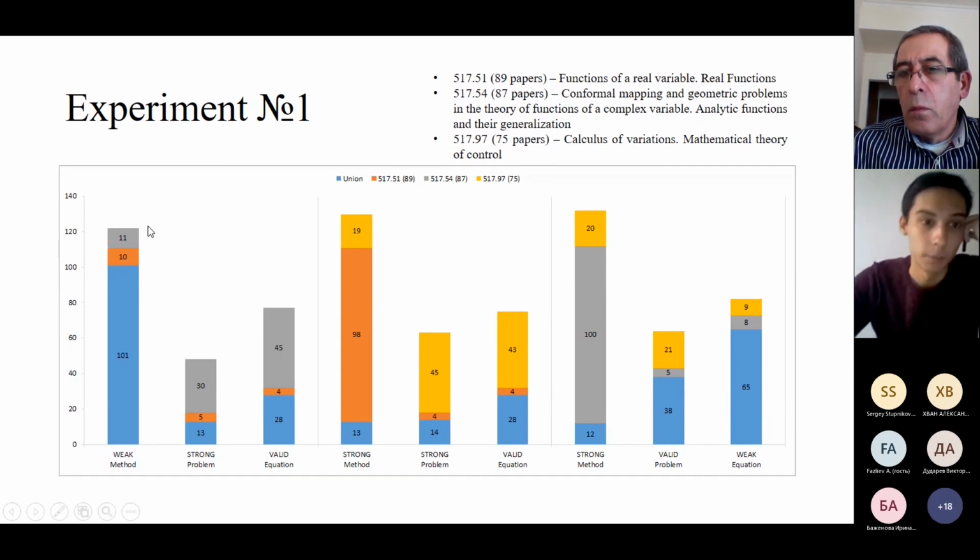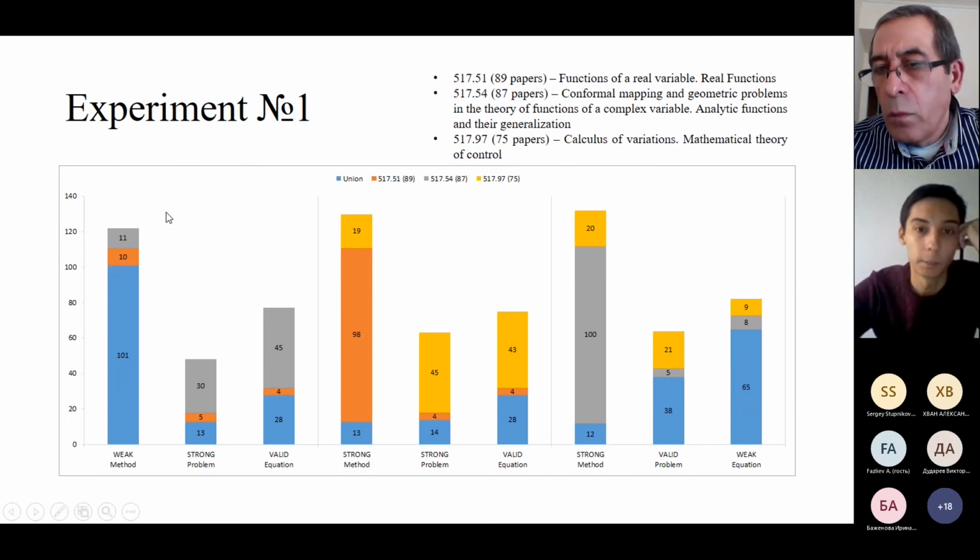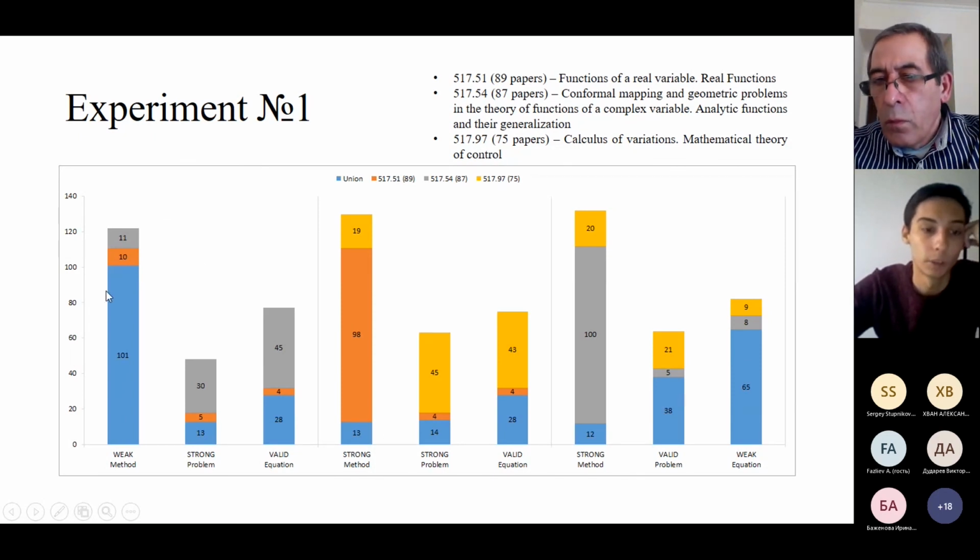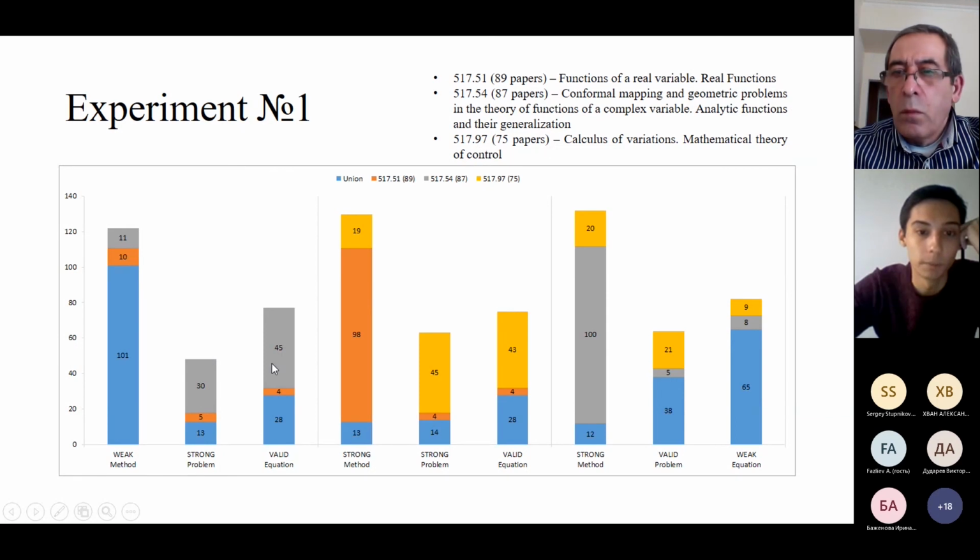При первом сравнении коллекций мы видим, что коллекции с подкодом 51 и 54 имеют общий вид методов, что, в принципе, коррелирует с тем, что они относятся к общей ветке УДК. Но при этом в коллекции 54, аналитические функции, больше задач и уравнений. И, следовательно, данную пару мы можем отличать по задачам и уравнениям.